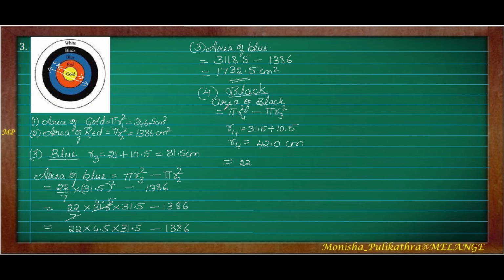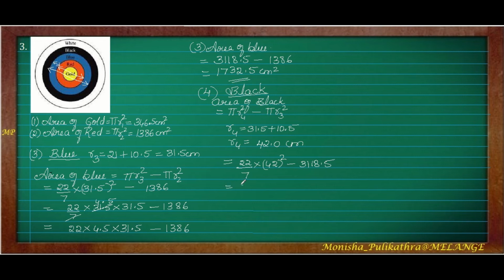So we will substitute this value into pi r4 square, that is 22 by 7 into 42 square, minus this pi r3 square. Pi r3 square is nothing but this 3118.5, that is the area of the entire blue circle. So we have to subtract 3118.5 from this calculation.